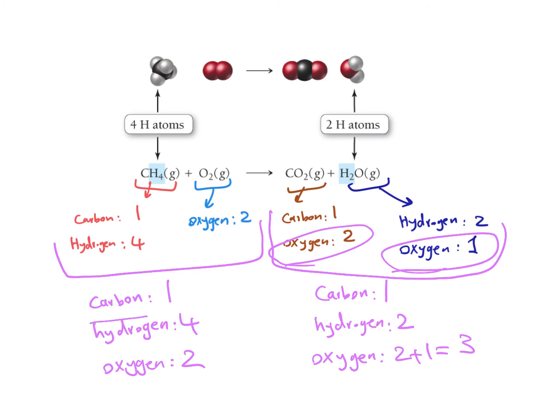So this reaction, we say it's not balanced. It means the number of atoms on both sides of the equation doesn't match. So whatever number of carbons you have on the left, you should have the same number on the right.